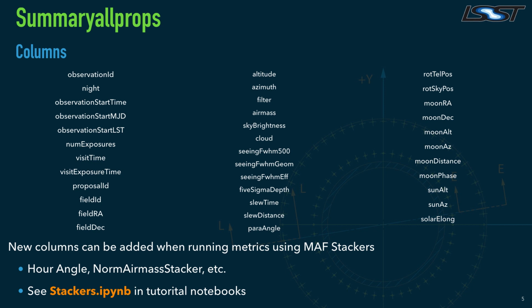So you can look at the stackers tutorial in the notebooks, and you can write your own as well. That's another easy thing to do. And so again, you can come back to this if you have a metric in mind, but you're not sure if the information you need is there.